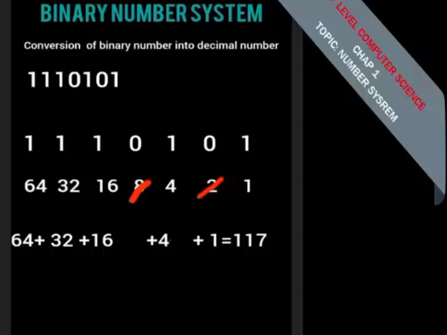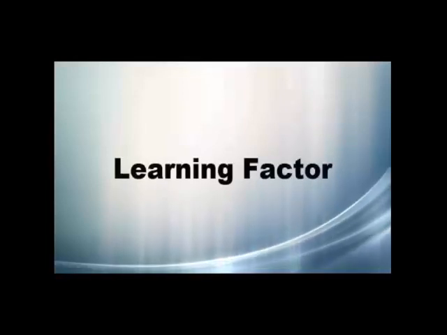This is the final answer, which is the decimal equivalent. In your exams you just need to write the final answer, so this compressed form of binary to decimal conversion is more appropriate for your exams.